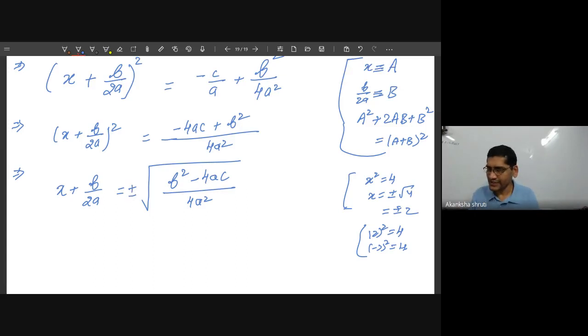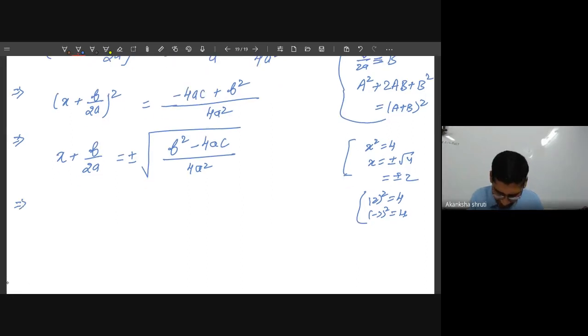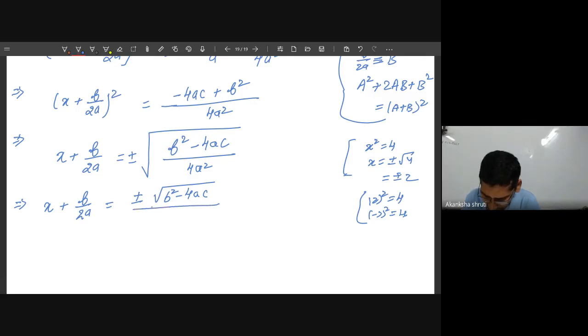So it is the constant term. Try to simplify it further. Plus minus, now observe carefully. In the denominator, what do we have? In the denominator, we have 4a square, which means 2a whole square. So that can be a perfect square. So this square root can be broken for the numerator, b square minus 4ac, and the denominator can be written as 2a whole square.